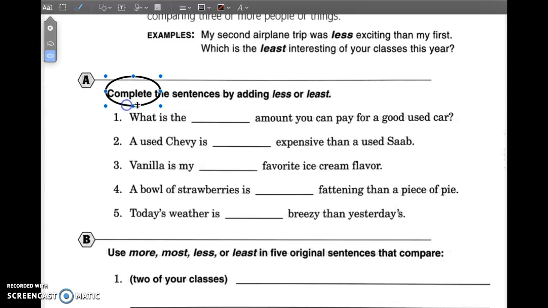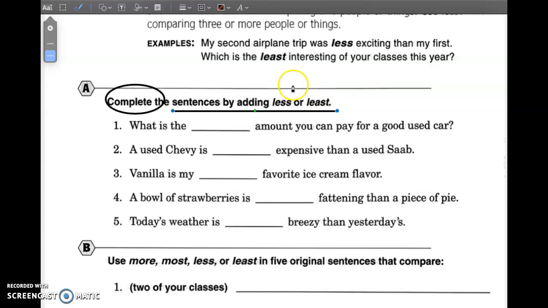So let's annotate here. Complete the sentences by adding less or least. And I'm going to go a little bit further and annotate a little bit more for myself to help me with completing this. I'm going to go ahead and write the number 2 above less because I know that if I'm using less to compare, I'm talking about only two things.